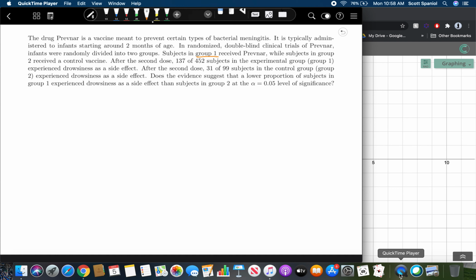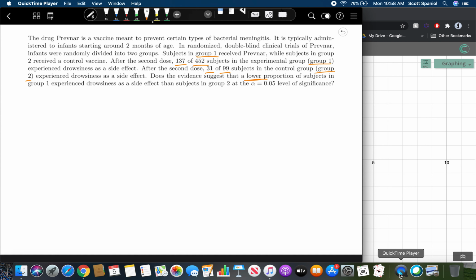After the second dose, 137 of 452 subjects in the experimental group, Group 1, experienced drowsiness as a side effect. After the second dose, 31 of 99 subjects in the control group, Group 2, experienced drowsiness. Does the evidence suggest that a lower proportion of subjects in Group 1 experienced drowsiness as a side effect than in Group 2? So lower proportion.